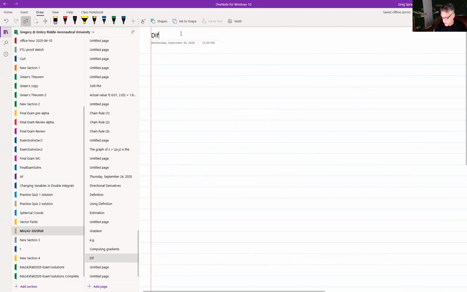I'm going to define what it means for a function of more than one variable to be differentiable. And I'm going to reassure you that you're not going to be tested on this. There's not even homework on it.